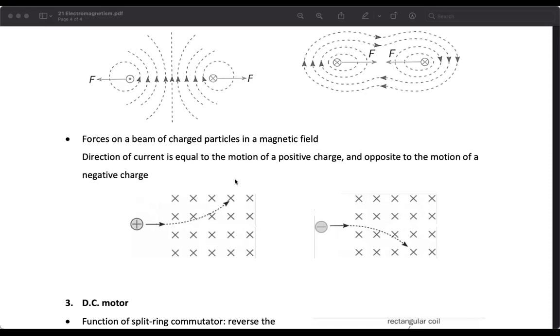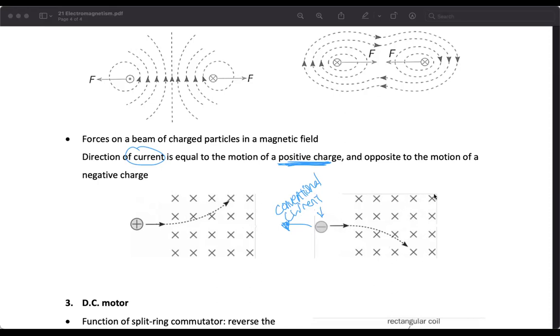Is that clear? So direction of current is always based on positive charge. If it's a negative charge like this, you just assume that the conventional current is moving in the opposite direction. So in this case, your current is from right to left.